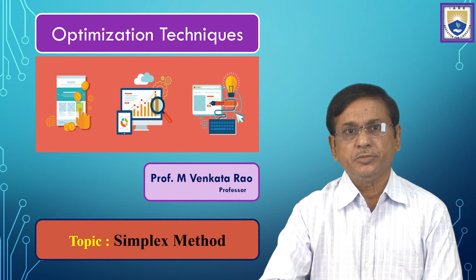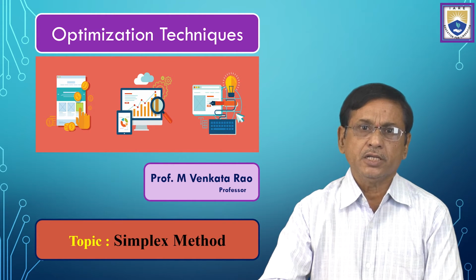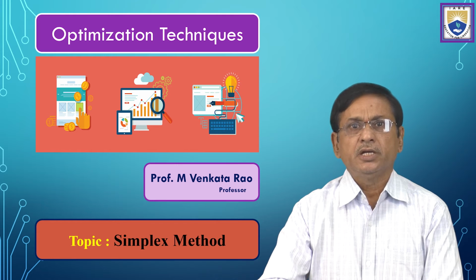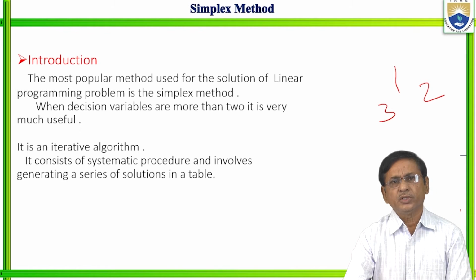The objective function may be profit or production capacity. The restrictions may be on the raw material, storage capacity, etc. When the decision variables are more than 2, the simplex method is very useful.